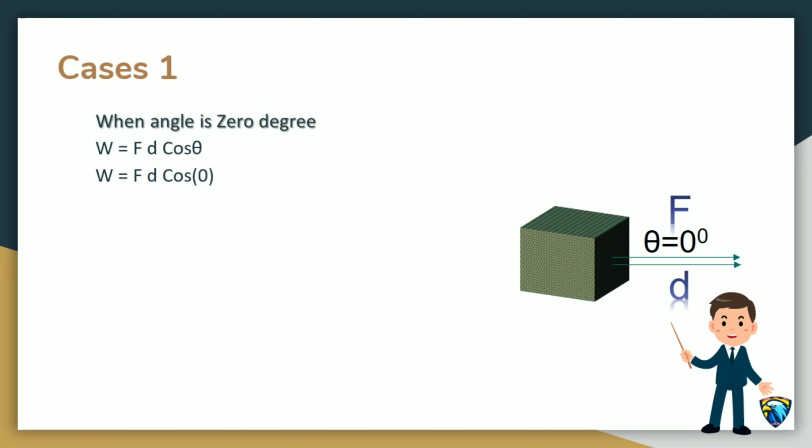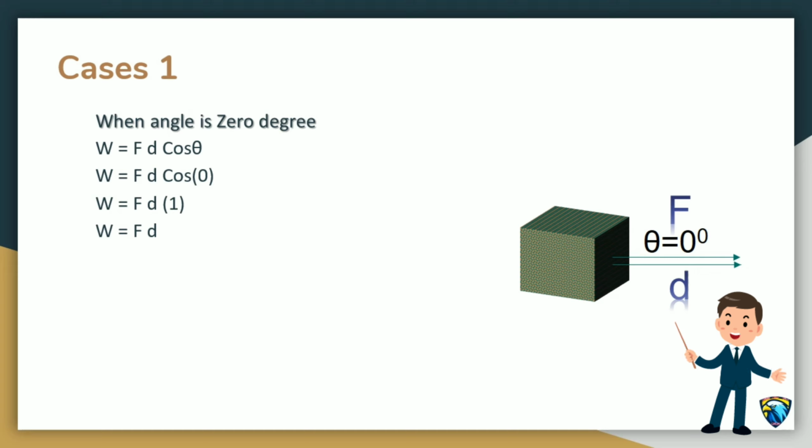The formula is work done equals to Fd cos theta. We put angle equals to 0 degree. As we know, cos 0 is equal to 1. So the work done became Fd. In this case, maximum work is done.